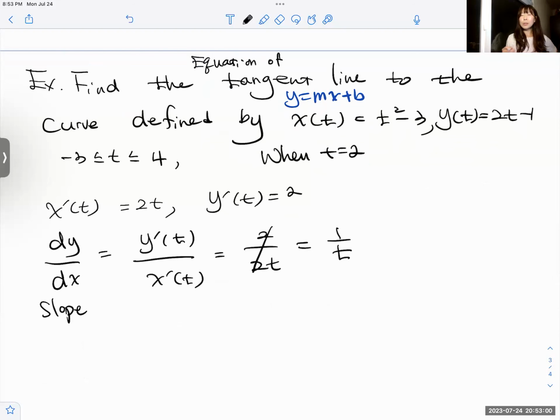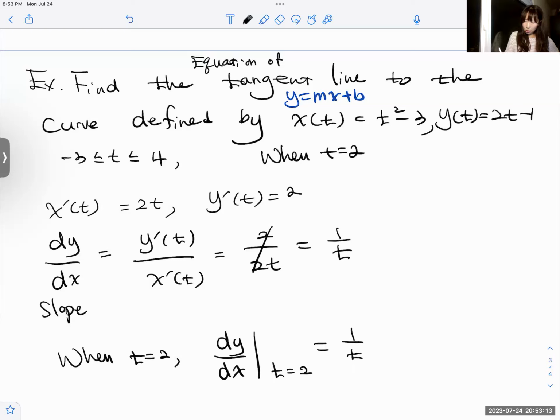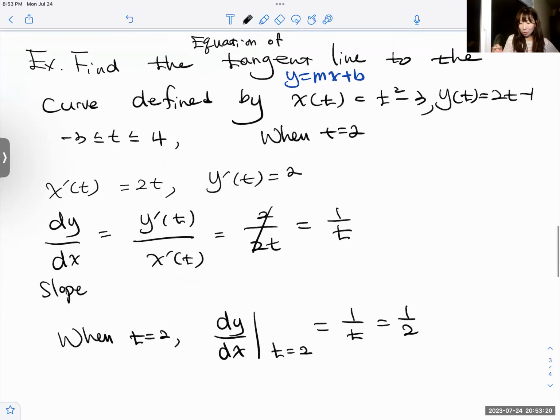Then we want to know the slope when t equals 2. So dy over dx at t equal to 2 is 1 over t, which is 1 over 2, right? So when t equals 2, the slope is 1/2.